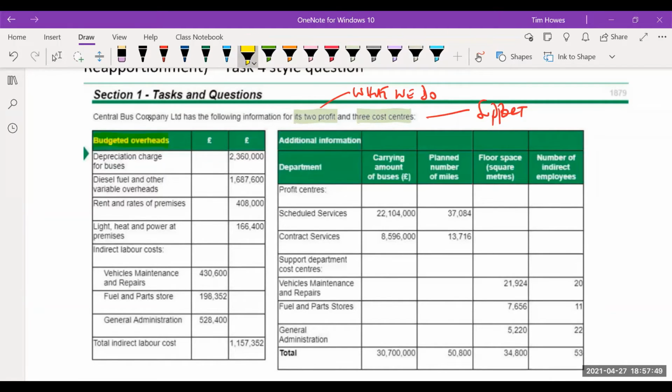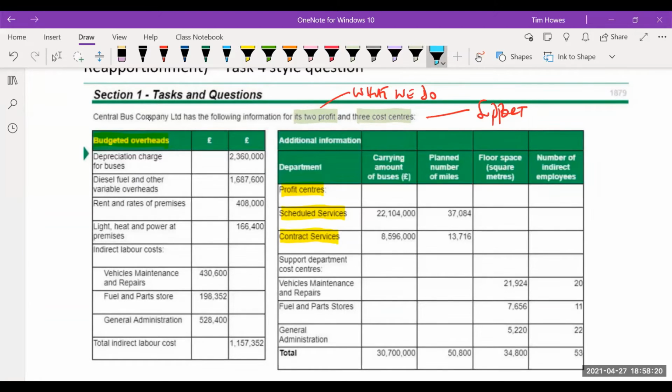So what have we got? We've got some budgeted overheads here on the left, and we've got lots of additional information about the business. So let's have a look at the business first. The profit centers. This is what we do. So they've got scheduled services. They run some scheduled bus services. And they've got contract services, which presumably is some kind of bespoke, well, you hire my bus and we'll take you where you want to go, that kind of thing.